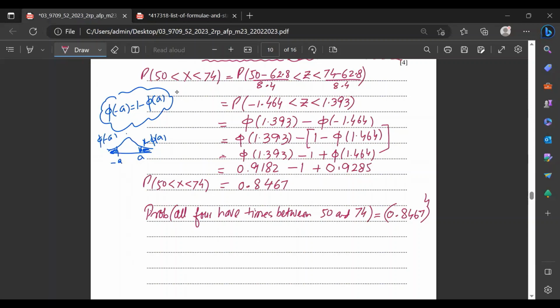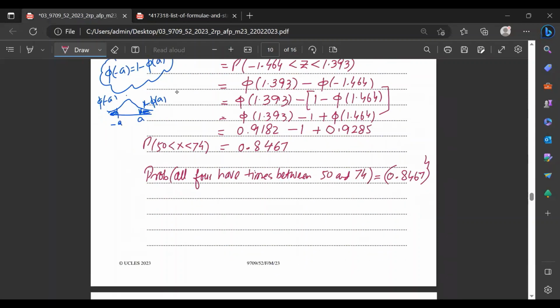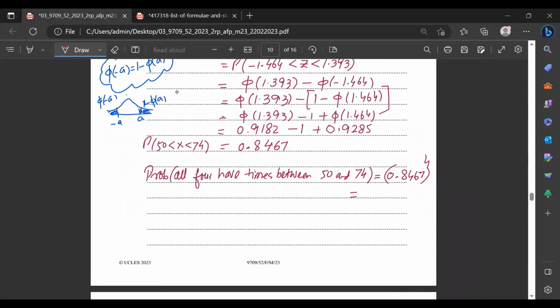So the answer is 0.5139 and so on, and we write the answer 0.514 for this part.